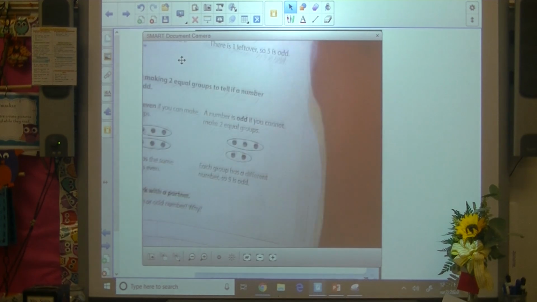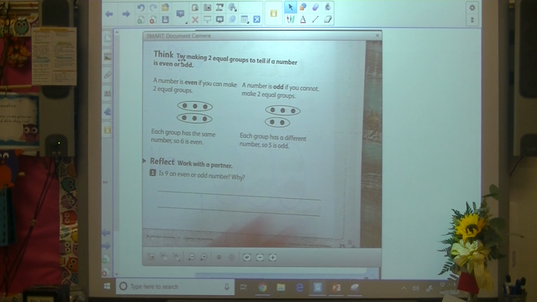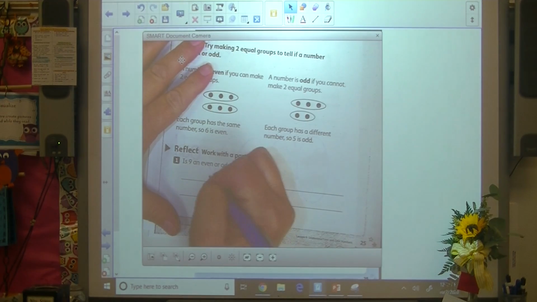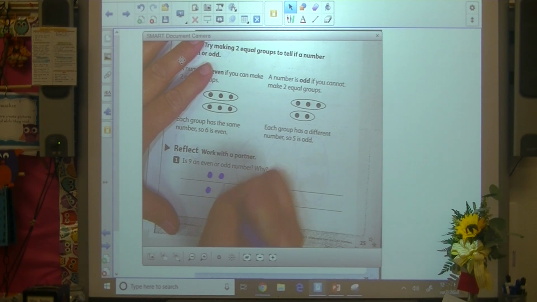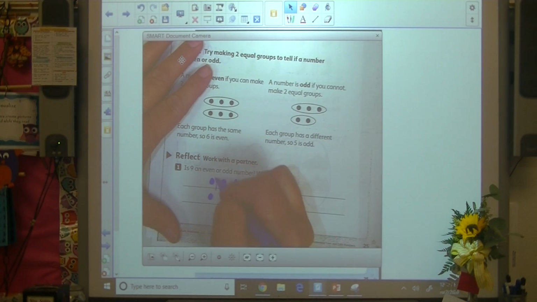So if we have 9, I'm going to make dots and try to make partners. Help me count. 1, 2, 3, 4, 5, 6, 7, 8, 9. Now let me circle my groups.